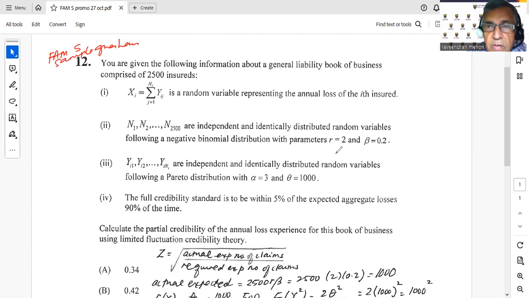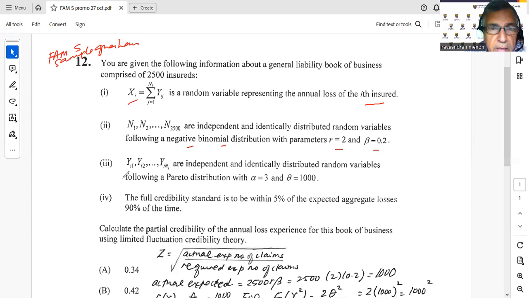Take note of the important facts: N_1 right up to N_2500 are independent and identically distributed random variables following a negative binomial distribution with parameters r is 2 and beta is 0.2.